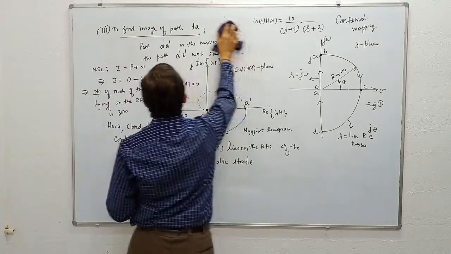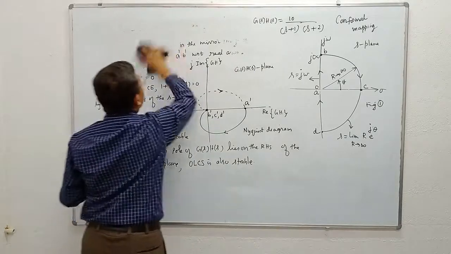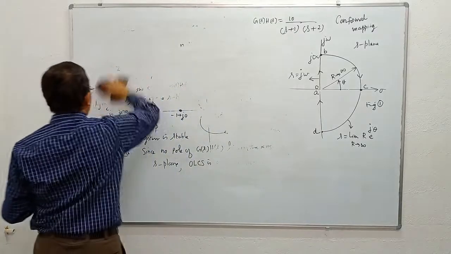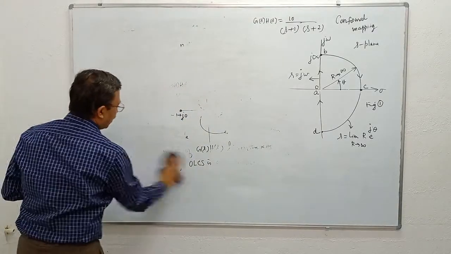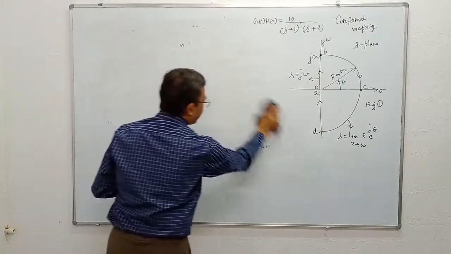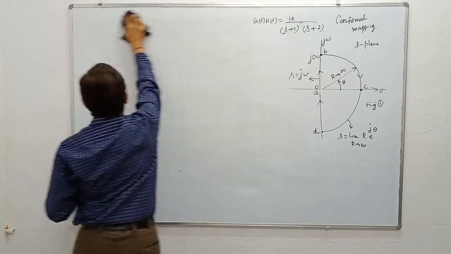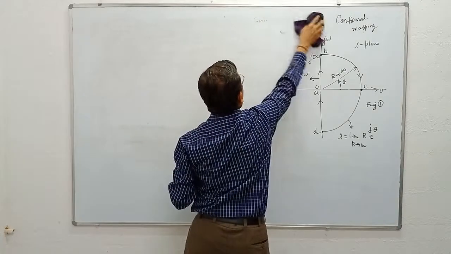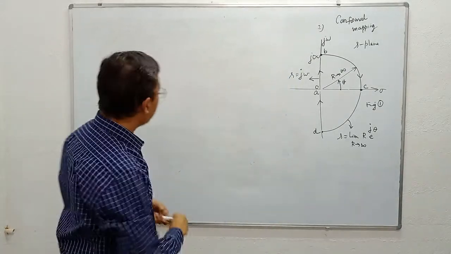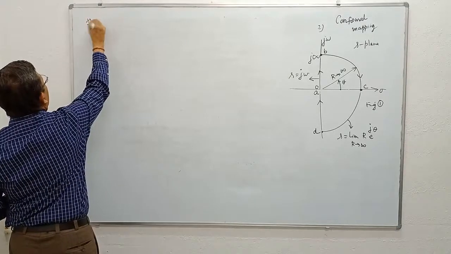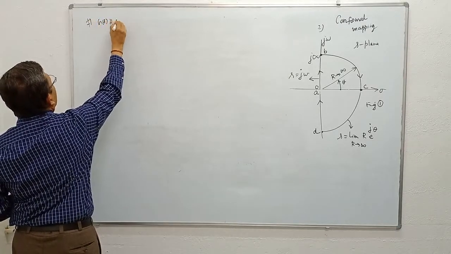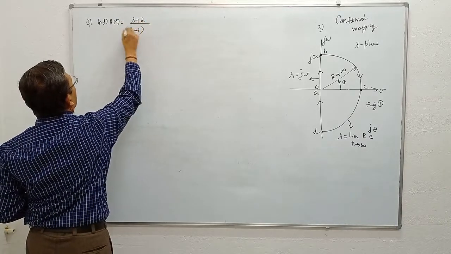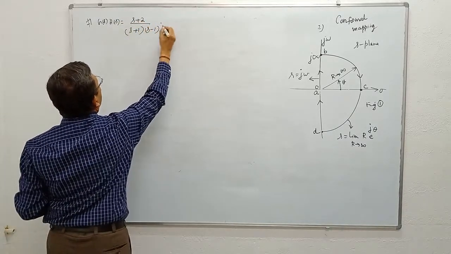Next problem. The problem statement will not change, only G of S, H of S will change. So I'll just write G of S, H of S. G of S, H of S is equal to S plus 2 divided by S plus 1 into S minus 1.